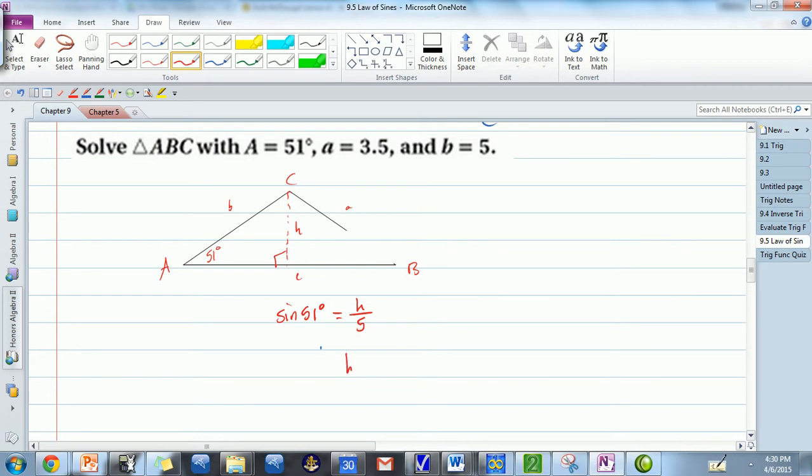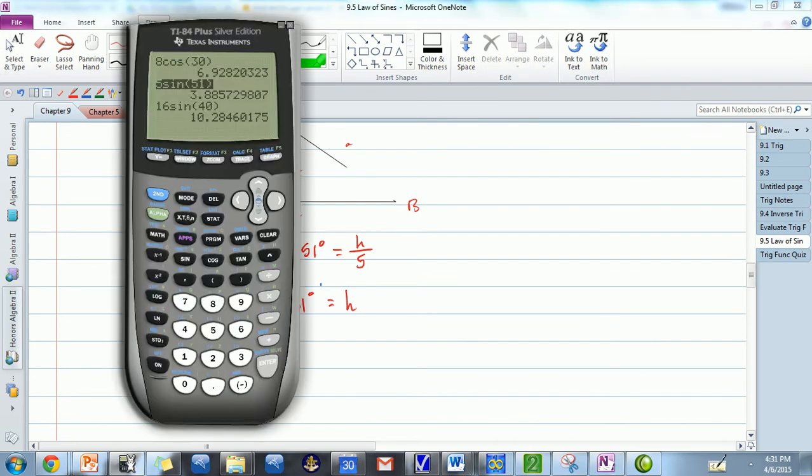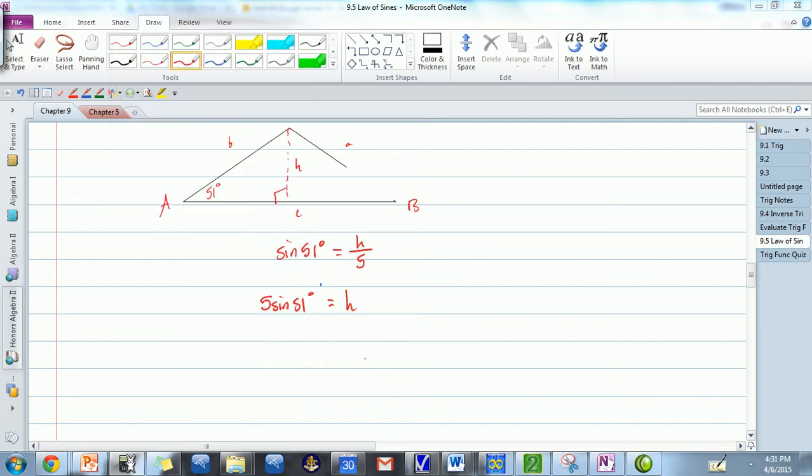So since that's the case, H equals 5 times the sine of 51, right? And from there, understand what that's going to give us. If you look here, we have 3.9. Okay, we have 3.9 right there. So that means that H is equal to 3.9.